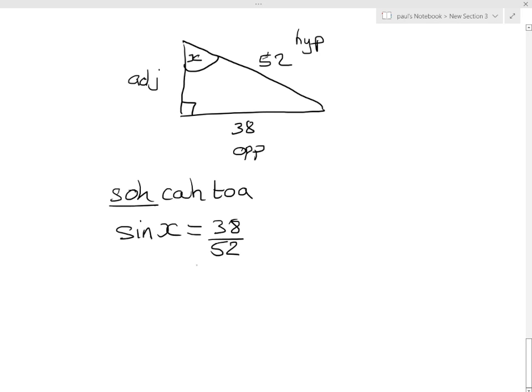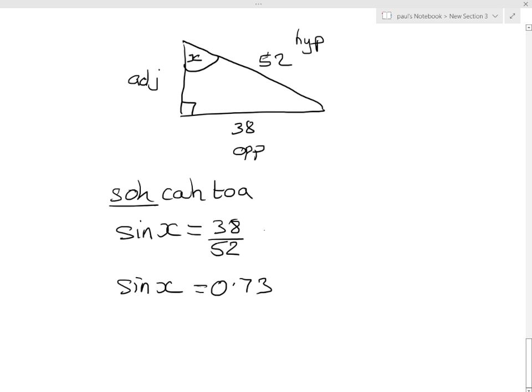So 38 divided by 52 is a bit weird, this one. 0.7, I'll call it 0.73. So sine x equals 0.73.